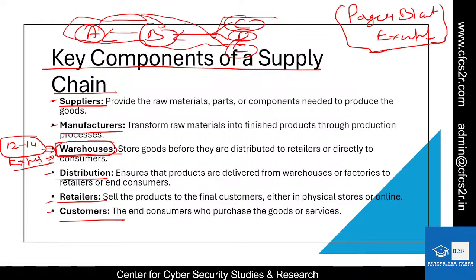Because supply chain issues are very big issues, and sometimes they are not even visible to the naked eye. You cannot put in a technology to find a supply chain issue, and you cannot put up a firewall to block a supply chain issue like a normal malware. Supply chain issues are related to your geopolitical situation, to your friendly or enemy relations with your neighbors or with different countries.